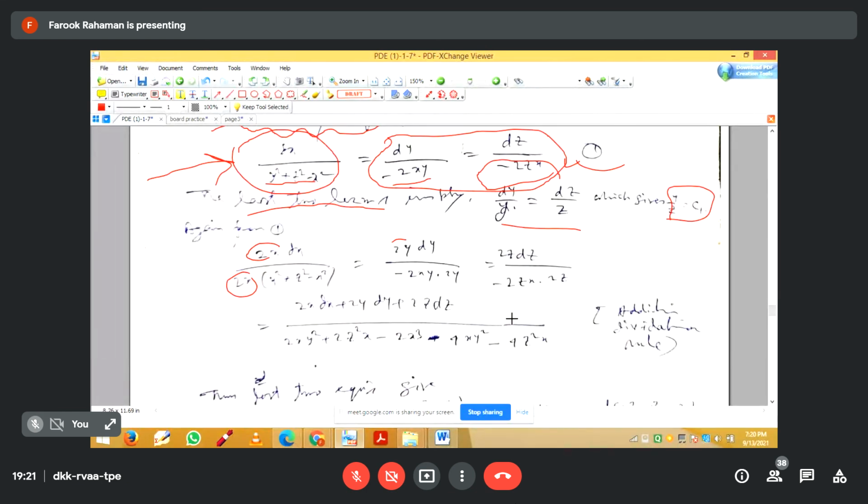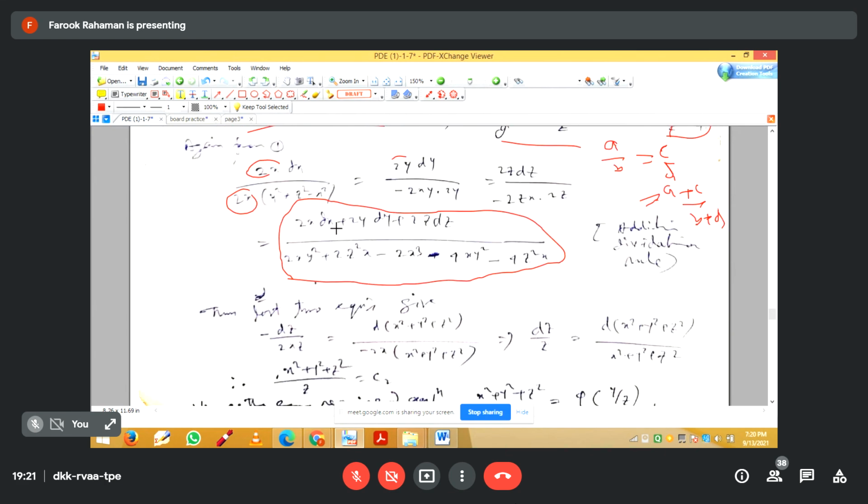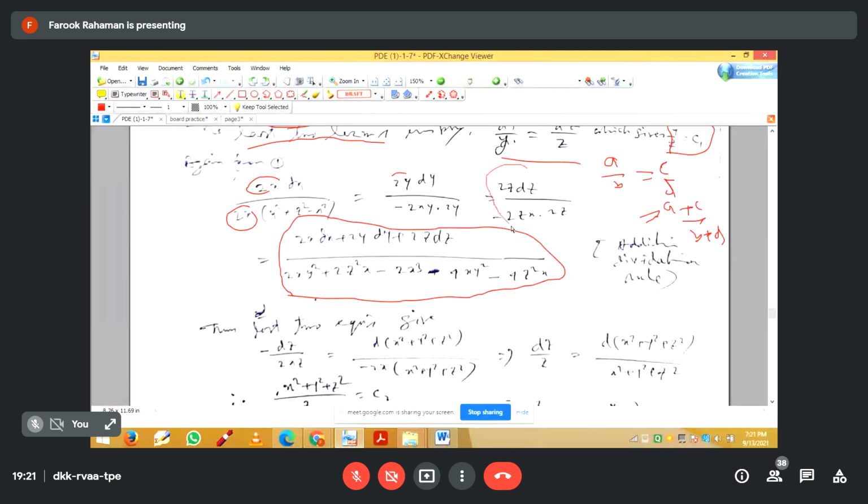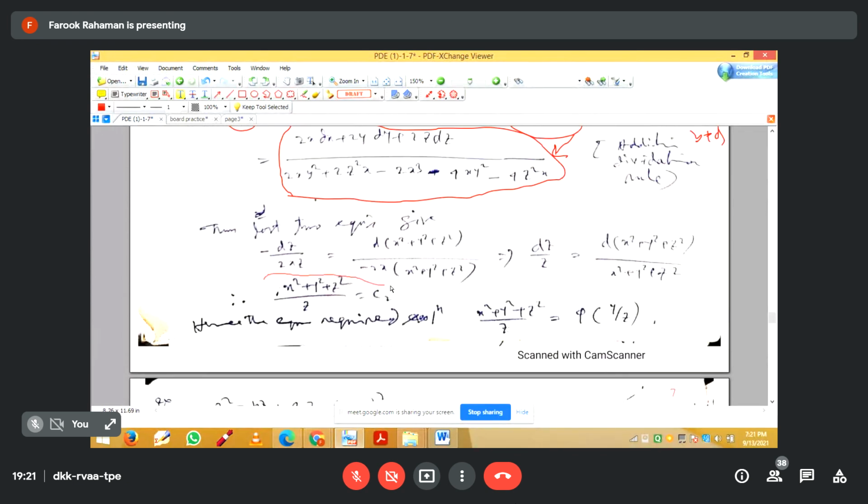Now using the addition rule: if a by b equals c by d, then this equals a plus c by b plus d. I think you already know this one. So from this equation, we take the last two equations and use this rule.